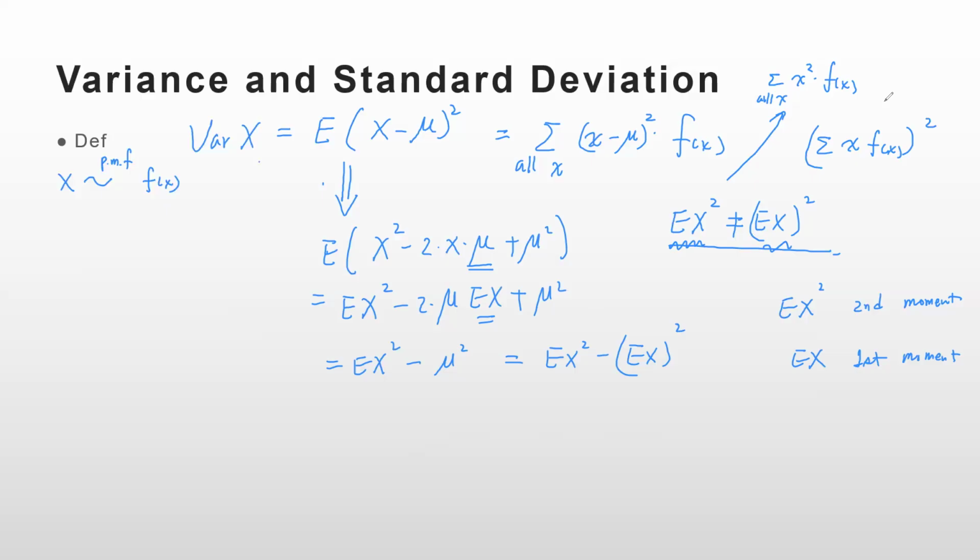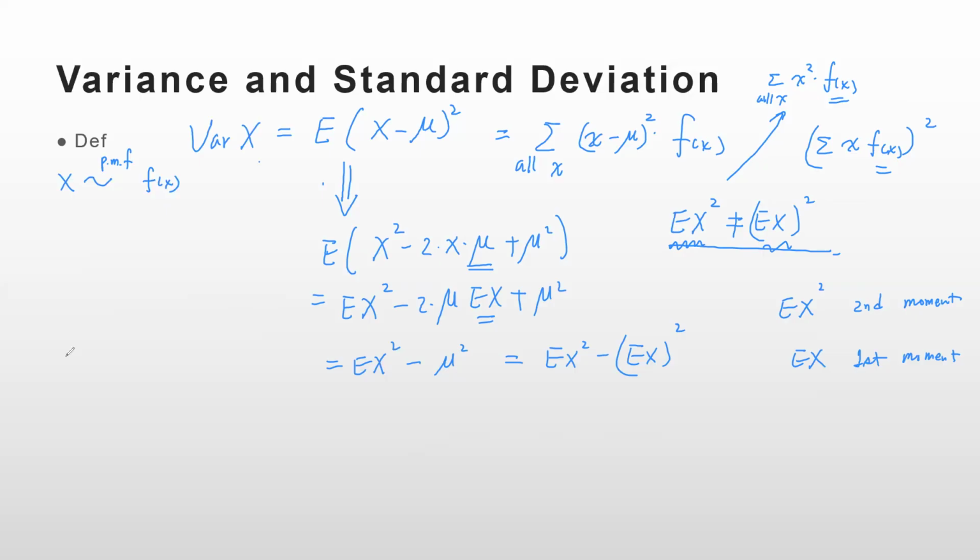The square of the sum is not really the sum of the squares, but also it's not even the sum of the squares at all, because f of x is not squared. But anyway, these two things are different, and you need to be very careful about that.